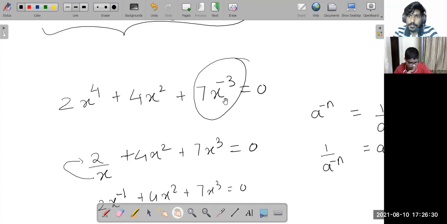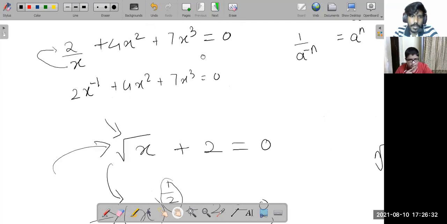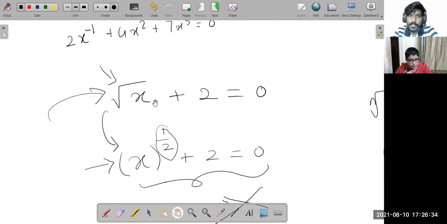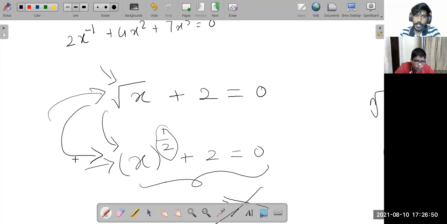Done? Yes, sir. Okay. After that, write example 3: root x plus 2 equal to 0. And exactly below this, write the second one. Root x means x raised to half. So x raised to half plus 2 equal to 0.